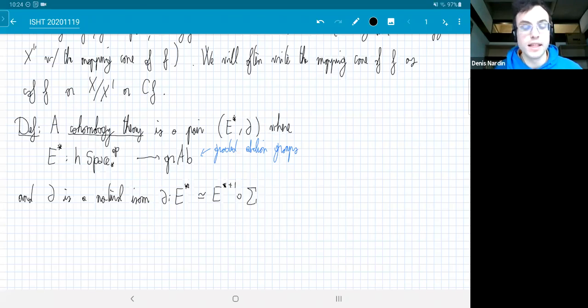Remember, we saw suspension as a functor from pointed spaces to pointed spaces, but of course it induces a functor on the homotopy category, so this makes sense.